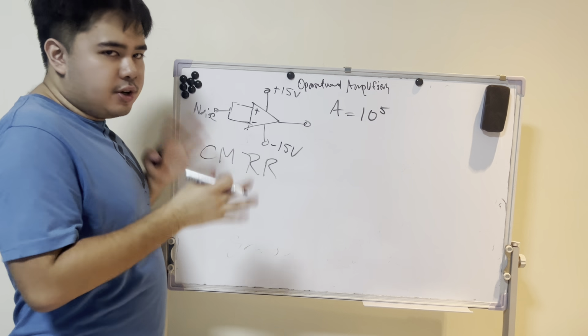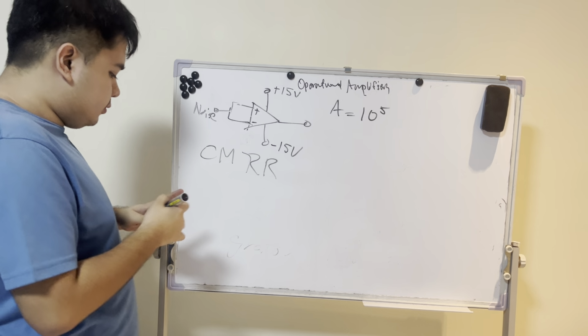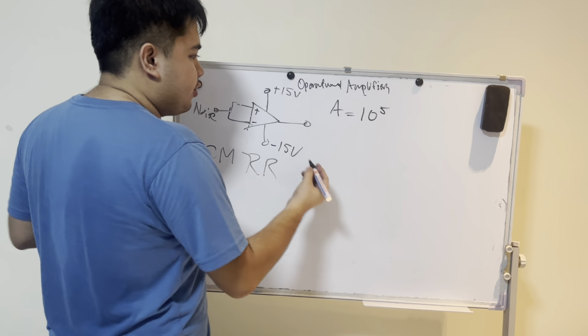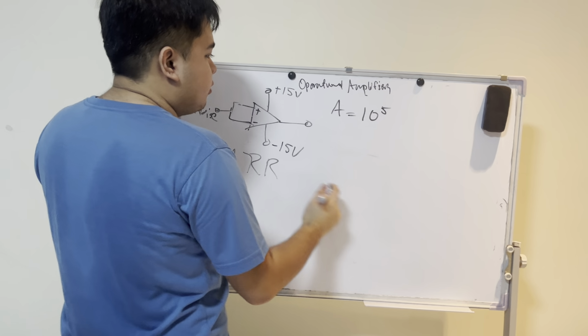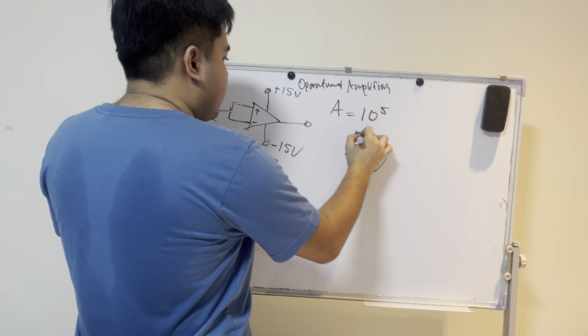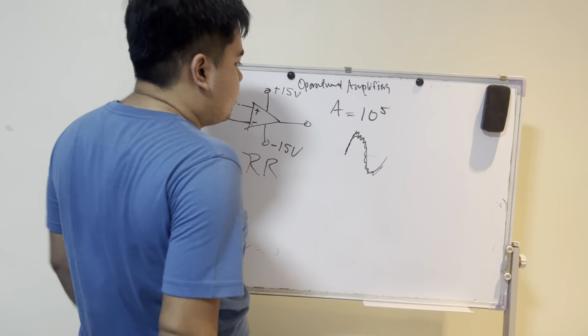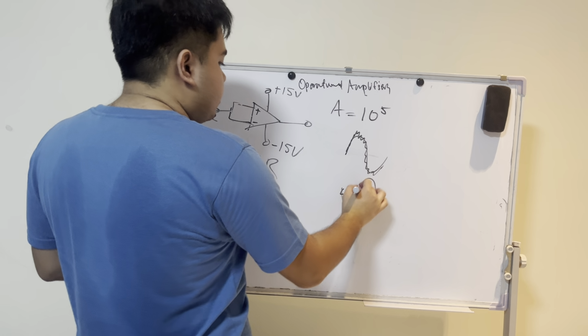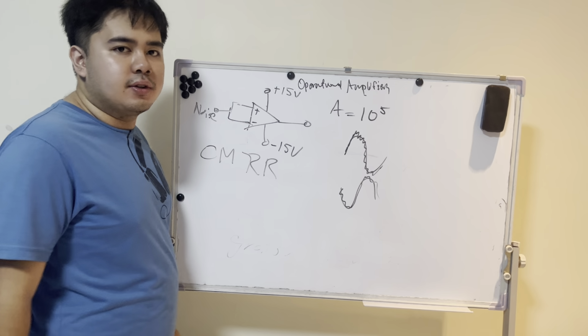Noise is uncorrelated. What that means is, if we have one sine wave, the noise rides along it. If we have the inverse of that, the noise similarly rides on it.